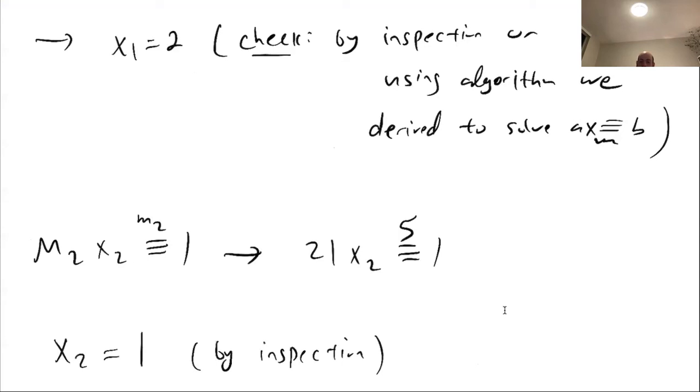21 times 1 is 21 itself, which is 1 mod 5, because 5 divides the difference between 21 and 1, of course.